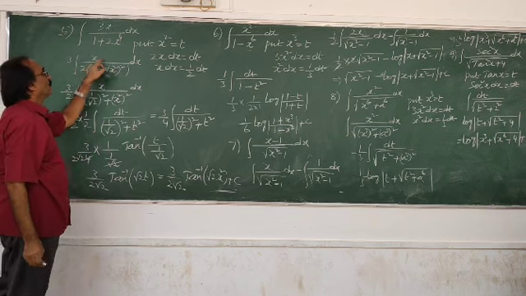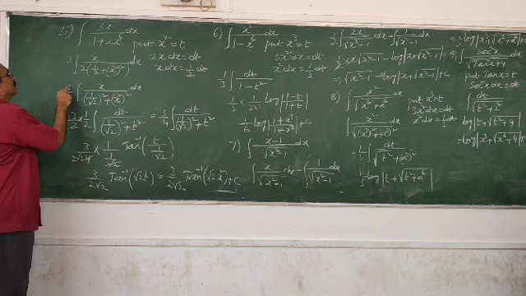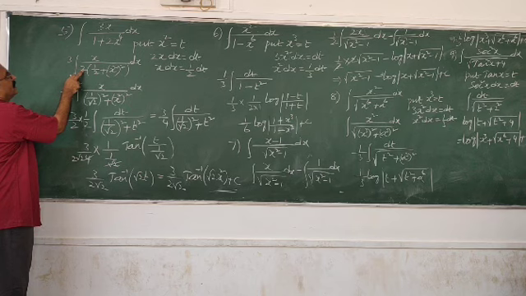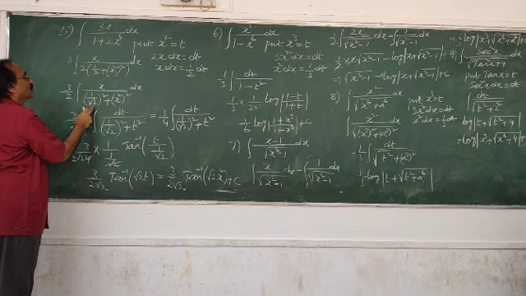Now x dx is 1 by 2 dt. So 3 by 2 integral x dx by (1 by root 2) whole square plus x square whole square.